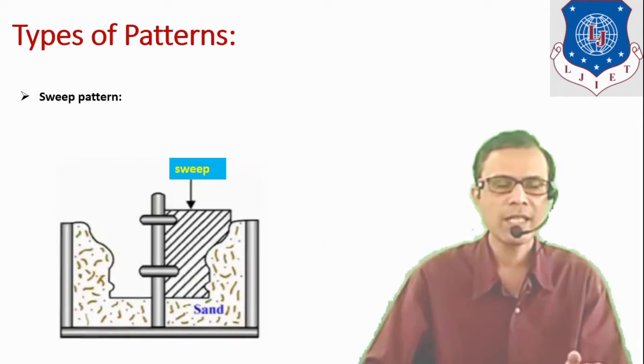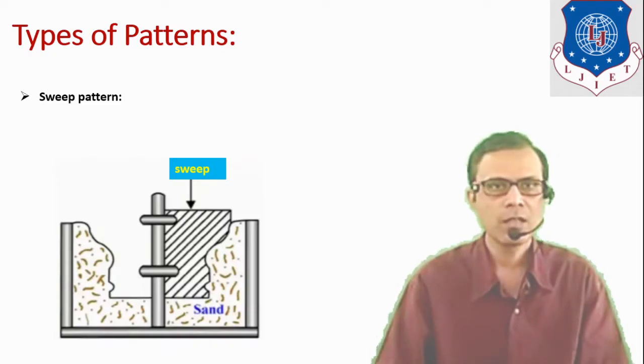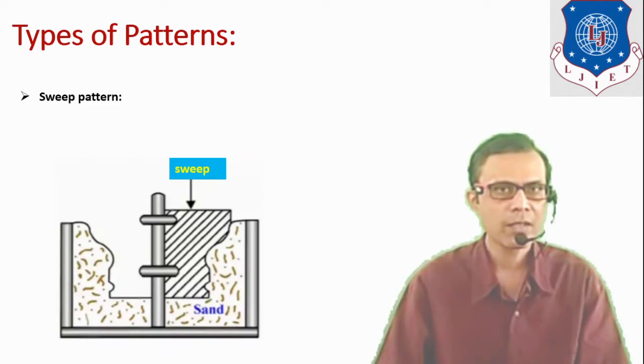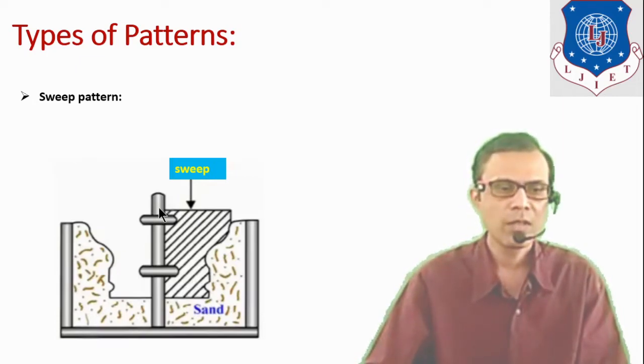Next type of pattern is a sweep pattern. If casting is symmetrical about its vertical axis, then it can be made with the help of a sweep pattern. It consists of a vertical spindle and it is a sweep which is made from wood.